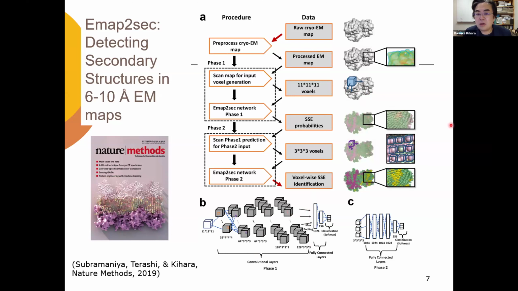So from a computer science point of view, this is a classification into 3 classes. So this will predict if a box has either alpha helix shown in red, or beta strand in yellow, or coil.